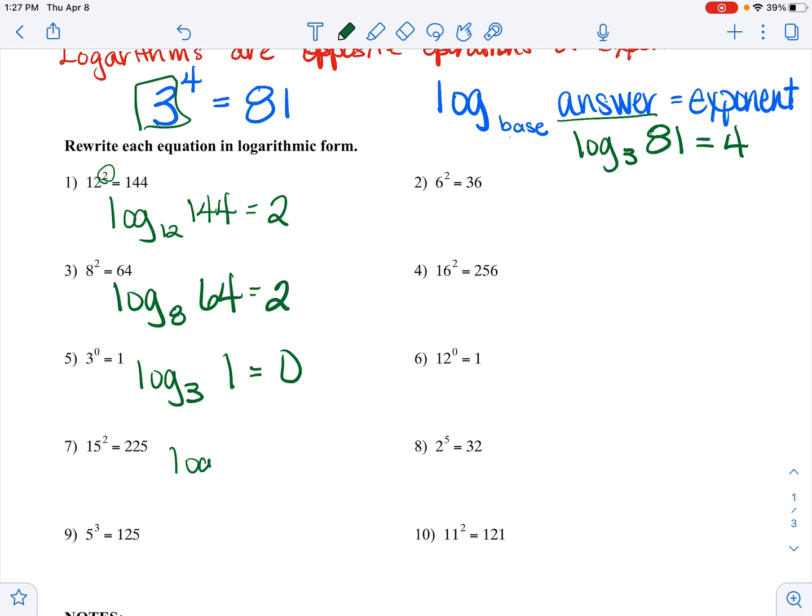Log base 15 of 225 is equal to 2. And log base 5 of 125 is equal to 3.